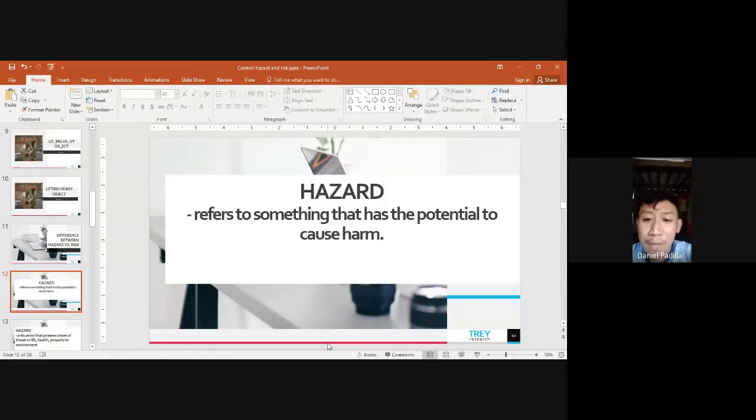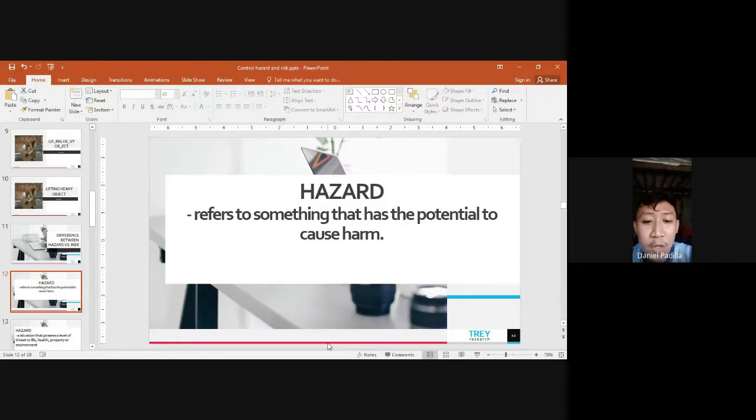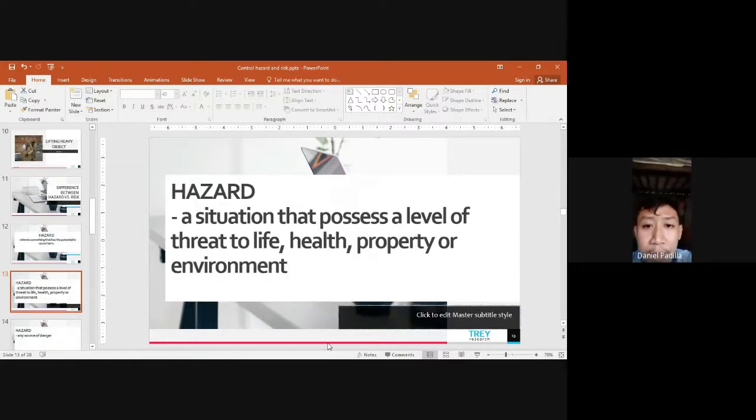Lahat ng bagay sa paligid natin may hazards at kahit saan ka man magpunta. When their nature would allow them even just to cause damage to health, life, property, or any other interests of value.